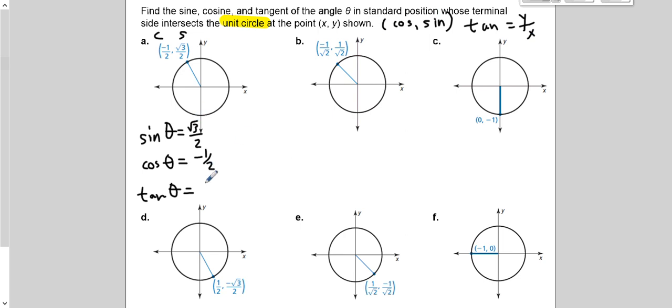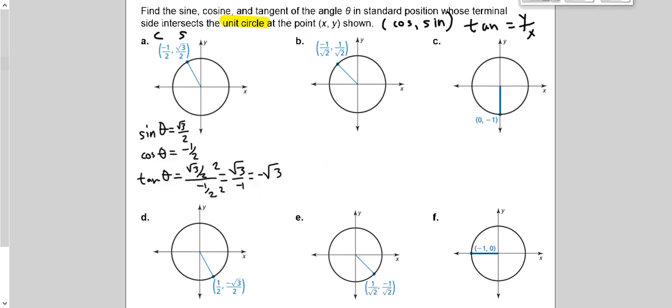So sine divided by cosine, we have rad 3 over 2 divided by negative 1/2. Well, if we multiply by 2 over 2, the 2's cancel out. We get rad 3 over negative 1, which is just negative square root of 3.